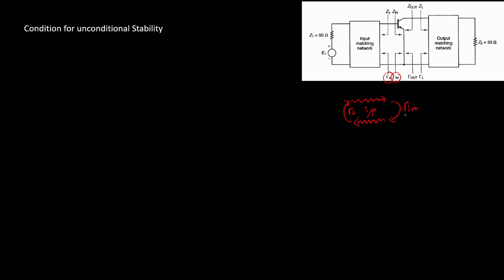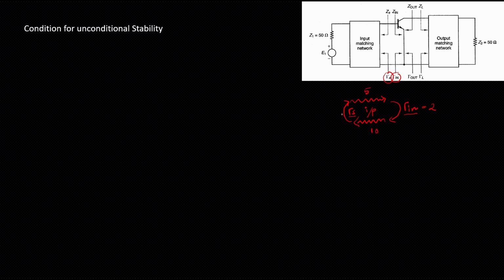If the magnitudes of gamma in and gamma s are more than 1, then you can see we get an increasing action. Like if the initial magnitude of my signal is 5 and my gamma in is 2, then I will get 10 here.